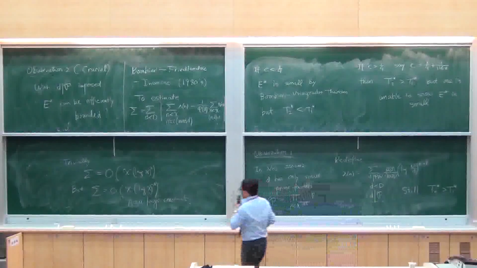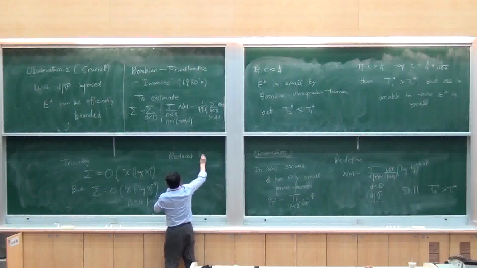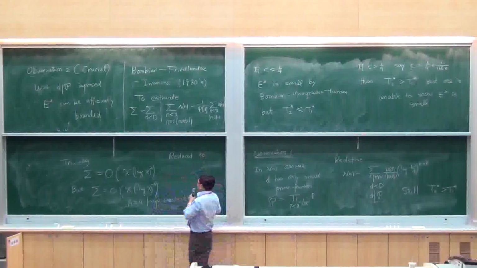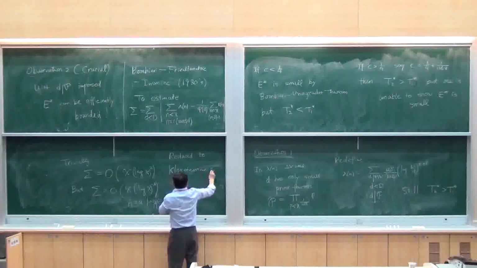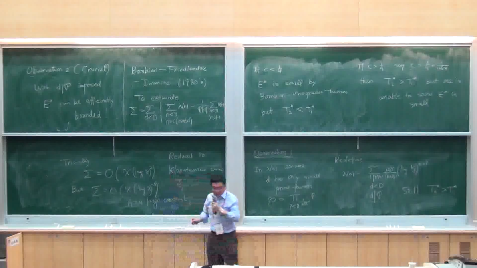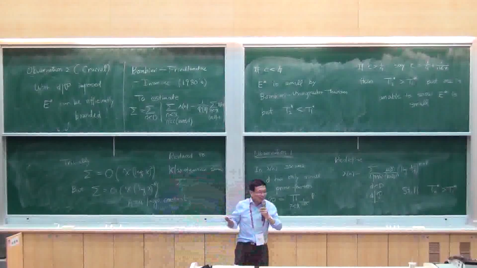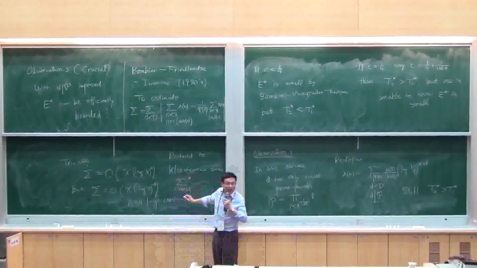But what I can say is, it reduces to one thing, the so-called Kloosterman sum. That is the sum. We just use the algebraic notation. It is, we say it is c mod D, but it's a reduced summation.